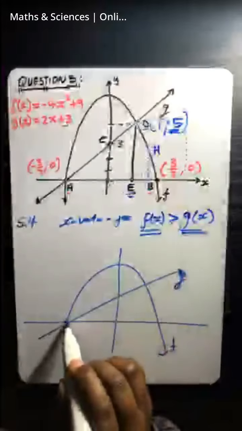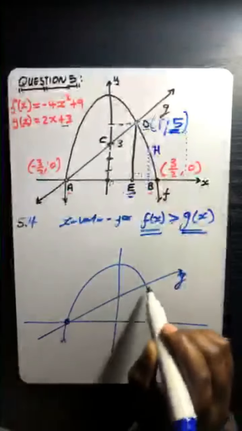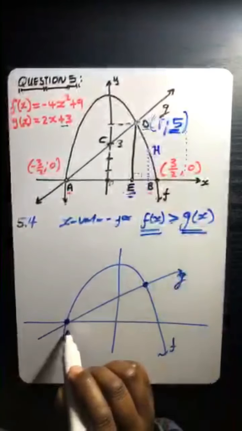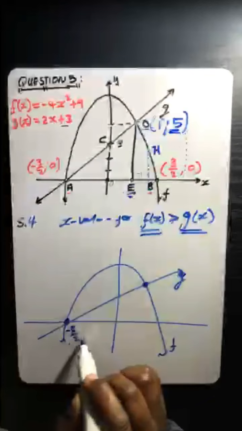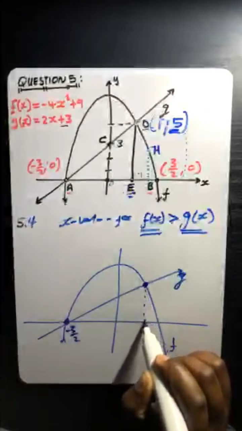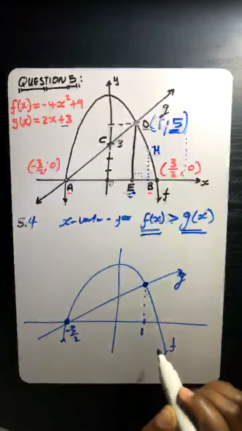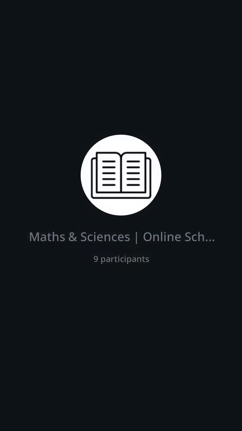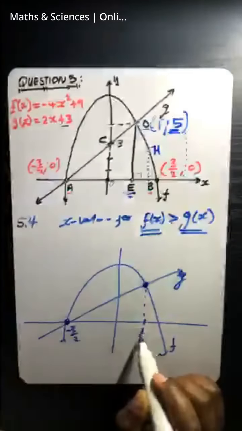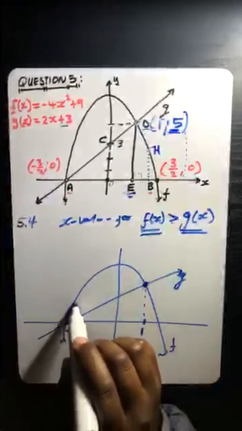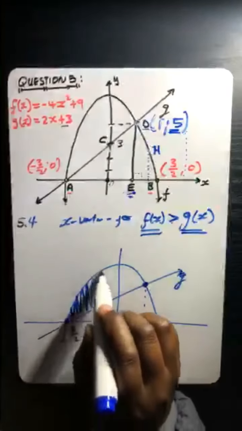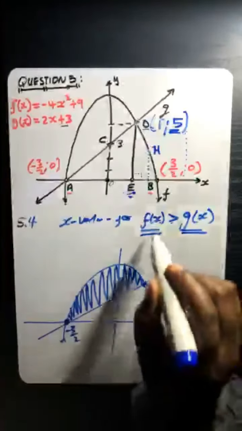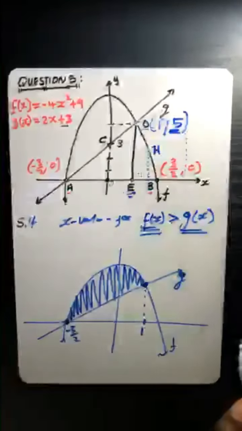Do you guys not see that at that point and also that point? So what is the x value there? I think it's -3/2. What is the x value there? It is 1. Do you guys agree with me that between -3/2 and 1, that's where you have the graph of f above the graph of g?